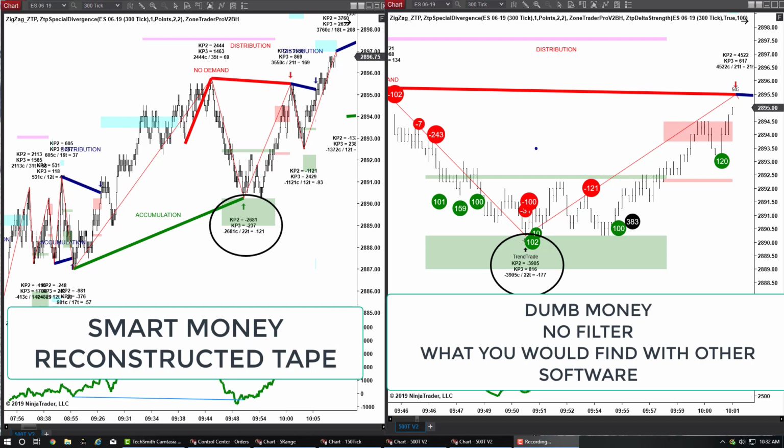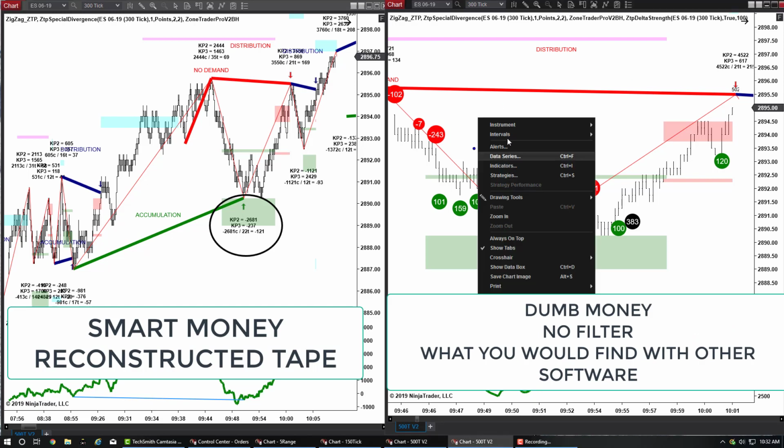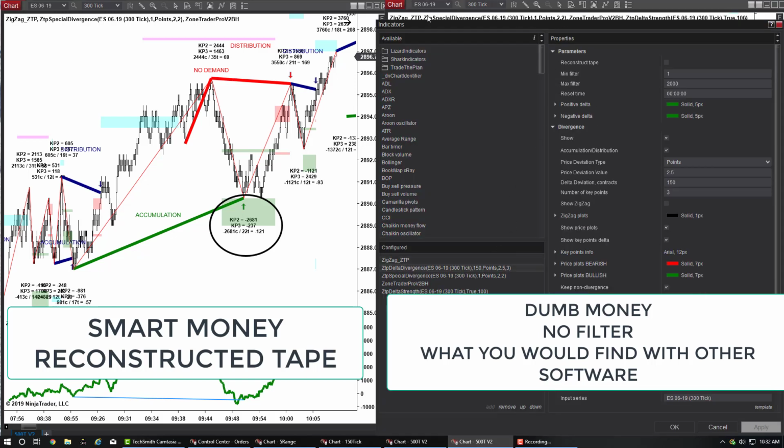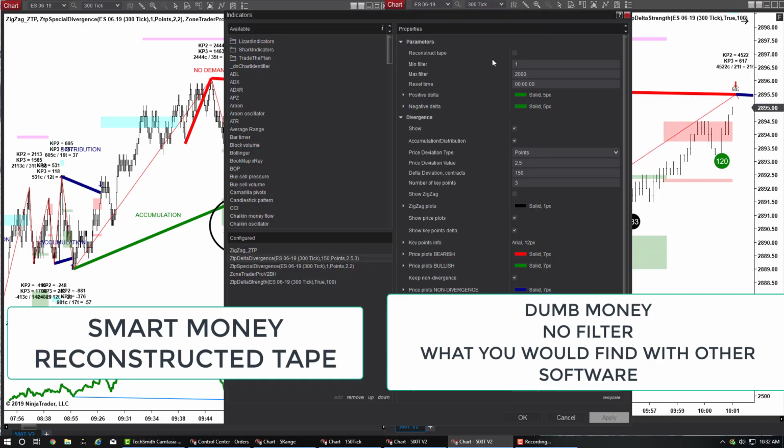But on the right, what I've done is I've taken the indicators and set them so that there is no reconstructed tape and a minimum filter of 1, and placed that on the chart.